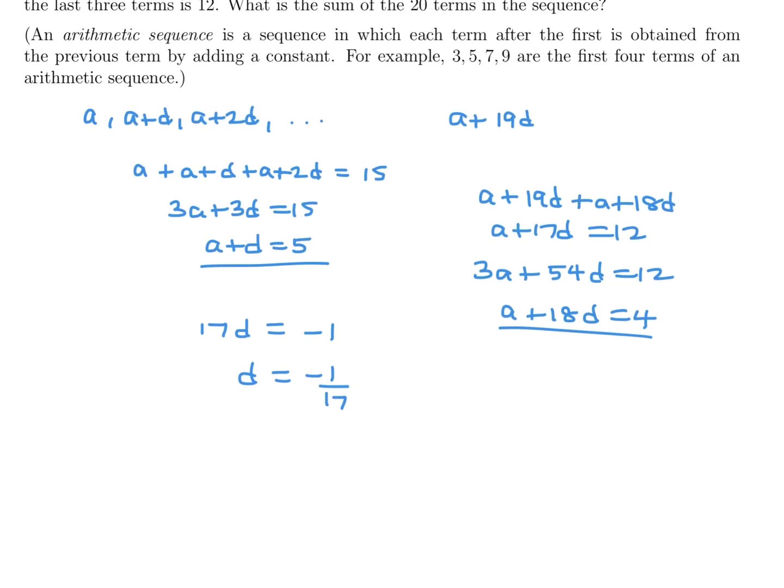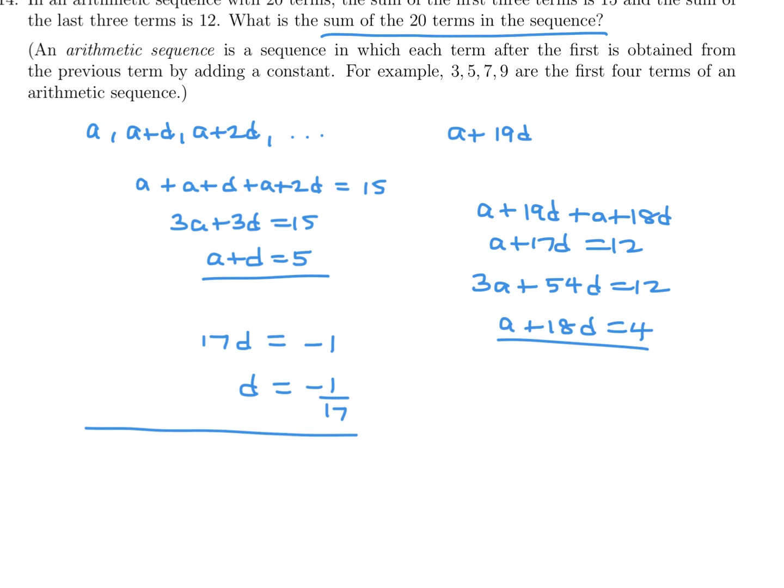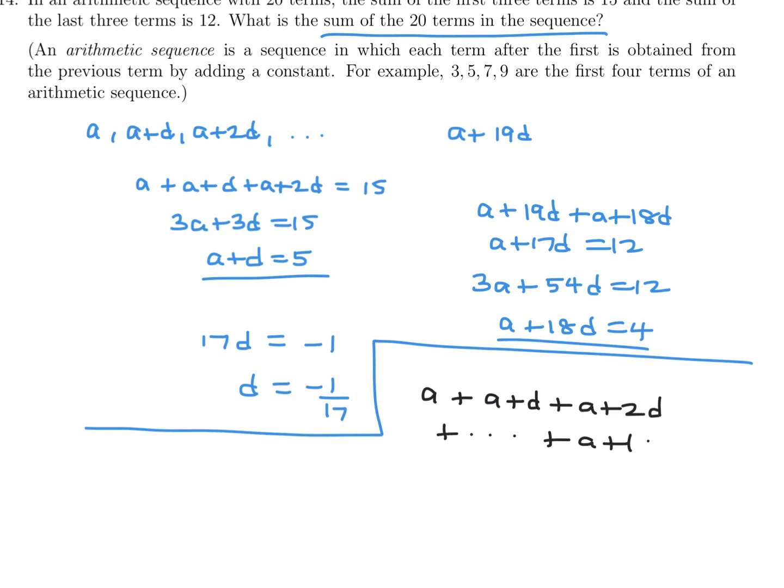And then they want the sum of all the 20 terms. Okay, so all the 20 terms, that would be a plus a plus d plus a plus 2d plus, and you guys get the point, all the way to a plus 19d. Okay, first let me figure out a with this equation by substituting this guy.